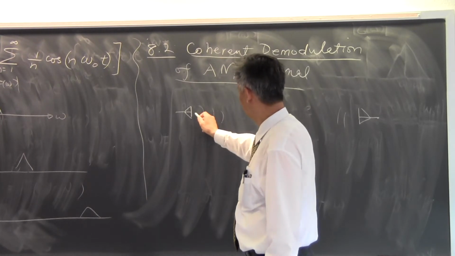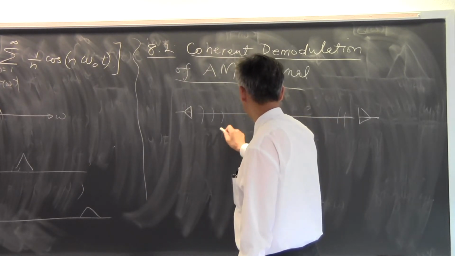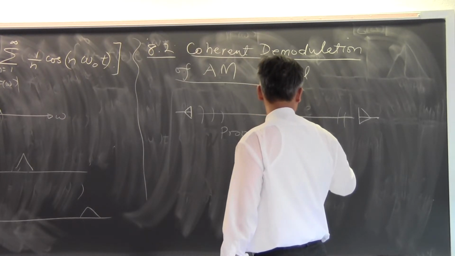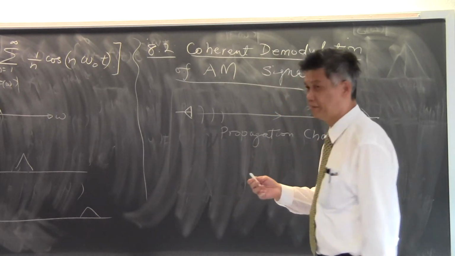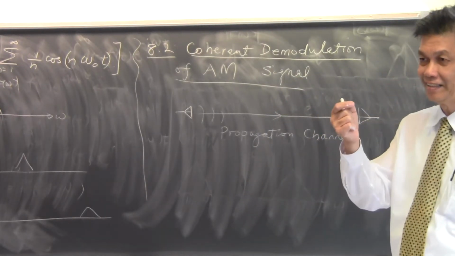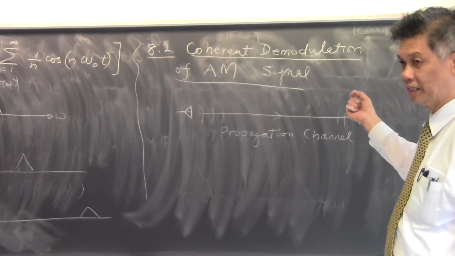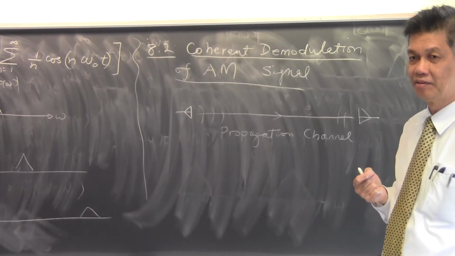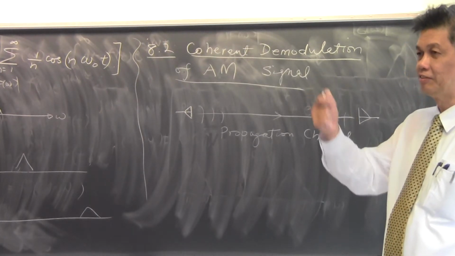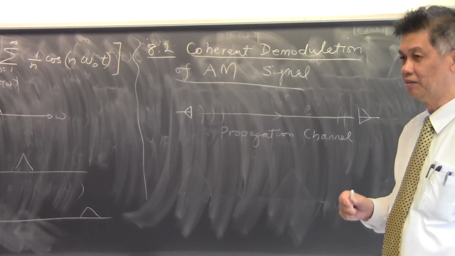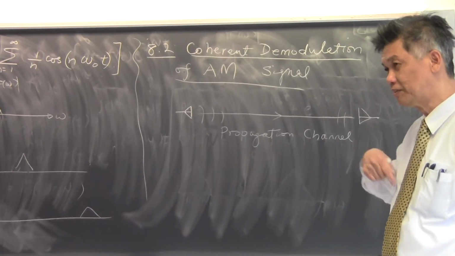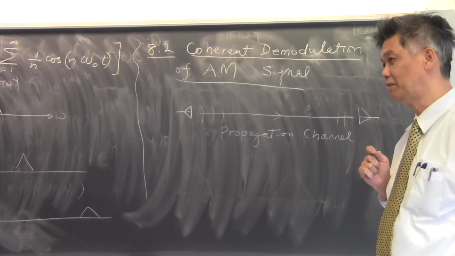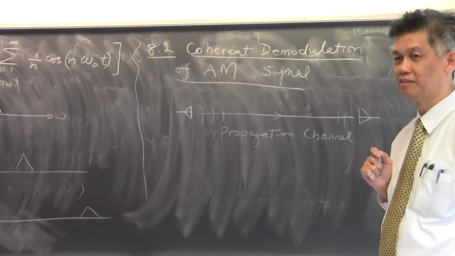This propagation channel can be thought of as a channel that the electromagnetic signal propagates through from antenna A to antenna B. Effectively, what it does is give rise to a time delay. If somebody talks to you from Chicago and sends you a signal, the signal that you receive over here in the Boeing campaign is not exactly that from Chicago, but time delayed by a very little bit.